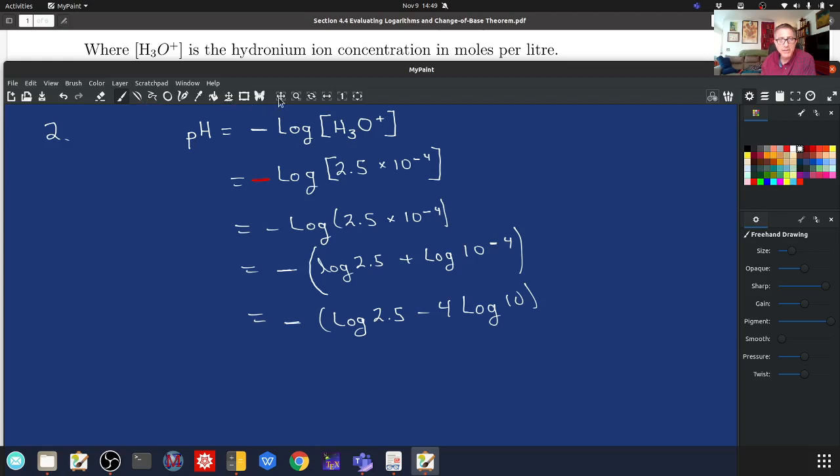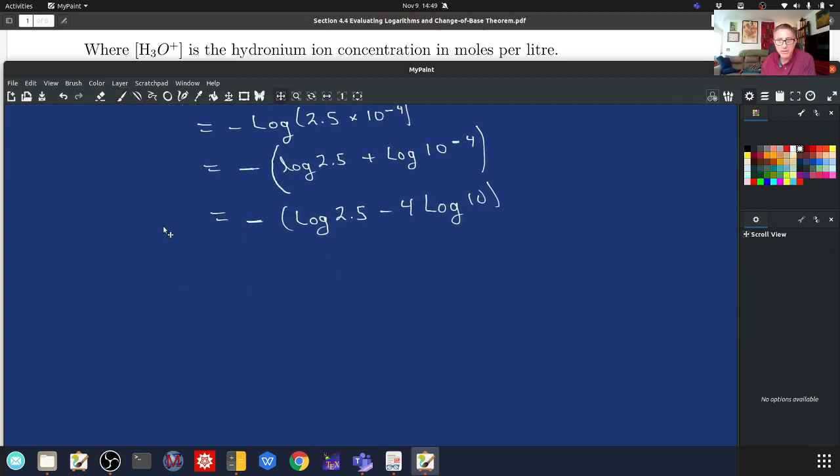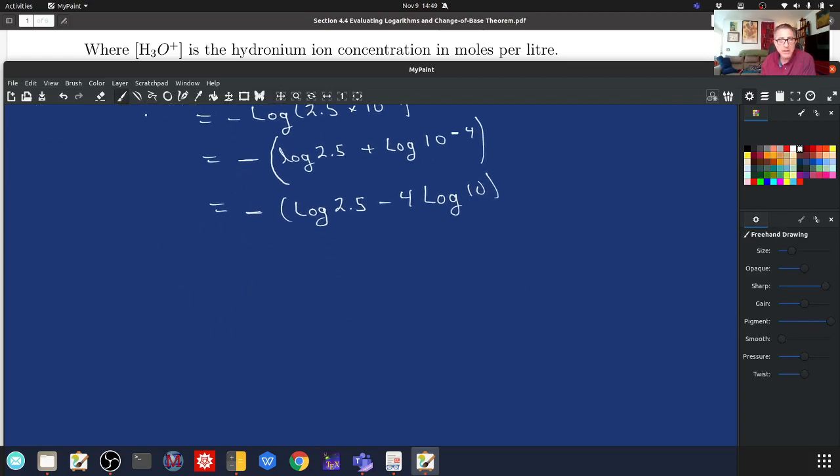Notice how math comes to the rescue if you don't know how to do things in your calculator. And minus, I'm going to have to calculate the log of 2.5. But I know log to the base 10 of 10 is 1, so that's just minus 4.